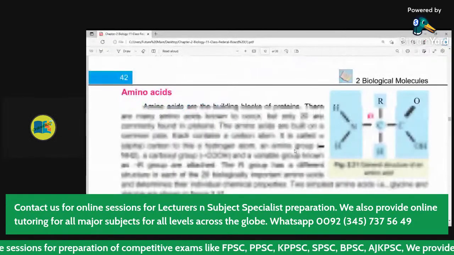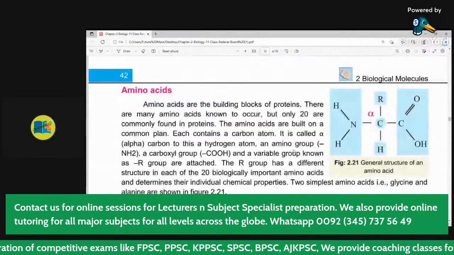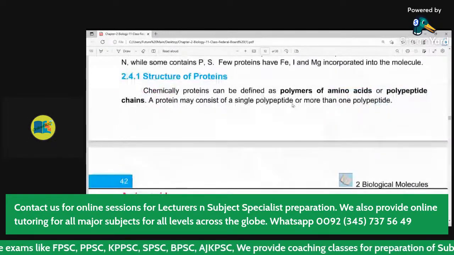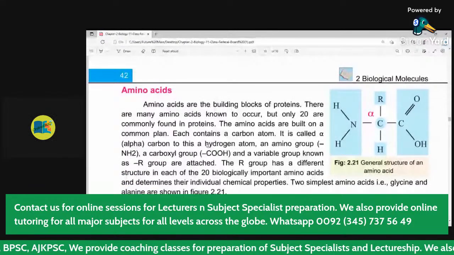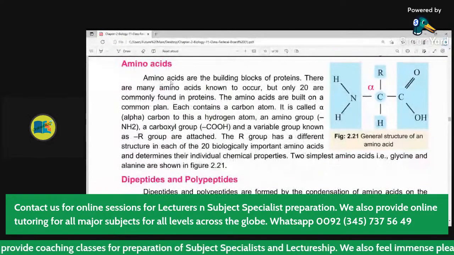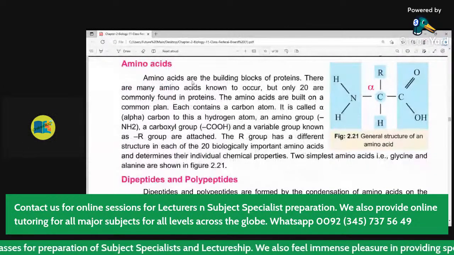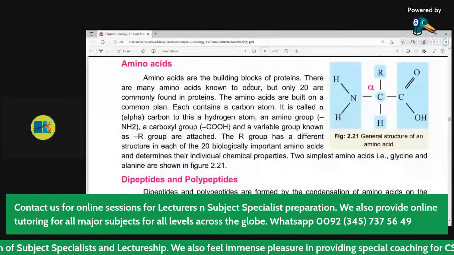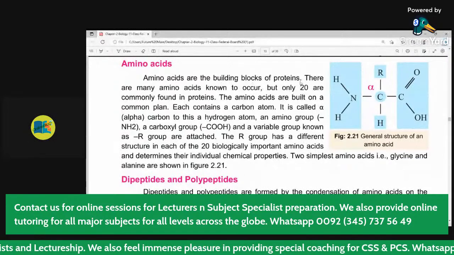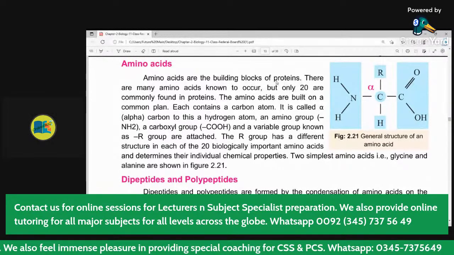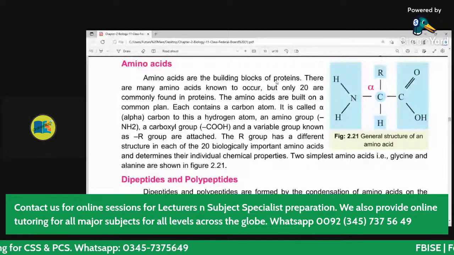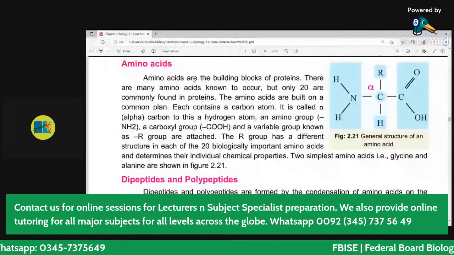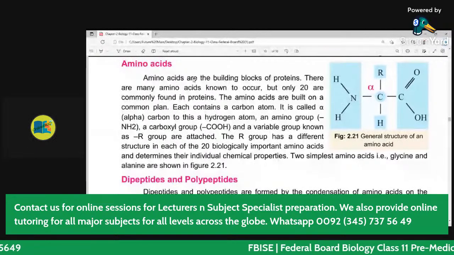As we studied that proteins are polymers of amino acids, now we will have a look at amino acids. What are amino acids? Amino acids are the building blocks of proteins. Amino acids are the monomers that are linked together through peptide bonds to form proteins.